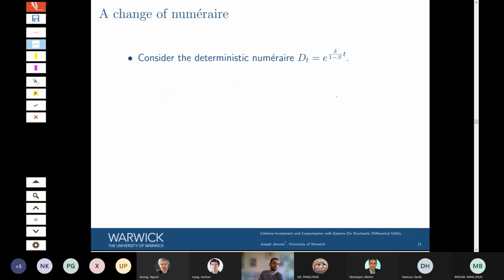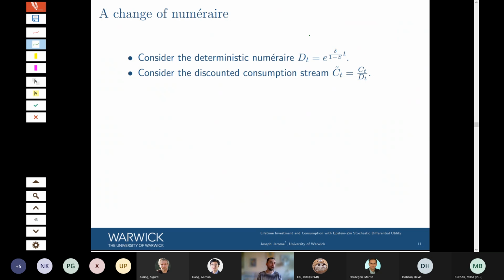What we're going to do is consider a simple, deterministic numeraire given by d_t equal to e to the delta t over 1 minus s, and we're going to discount our consumption streams. So we're going to consider our consumption streams in the numeraire-changed coordinate system. All we're really doing here is just renaming things, but we'll see that it gives us a nicer form of the aggregator.